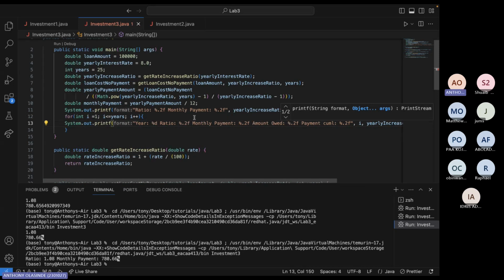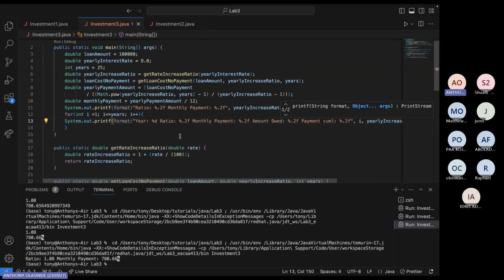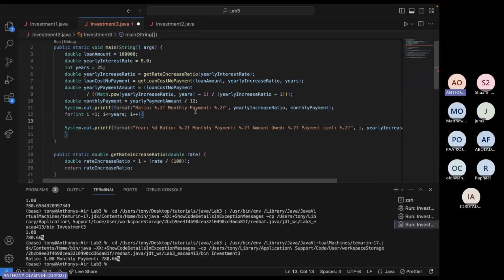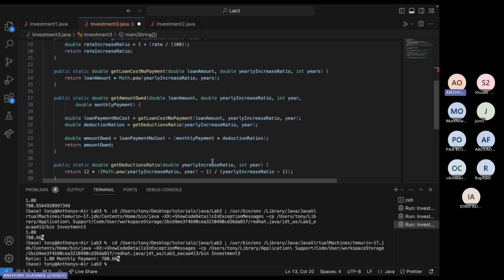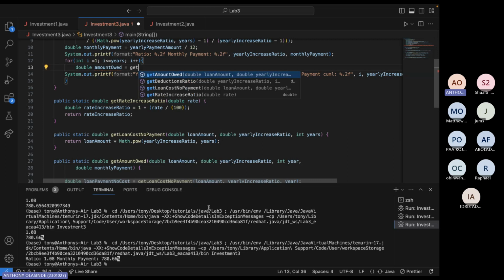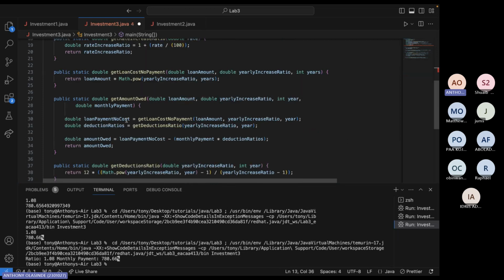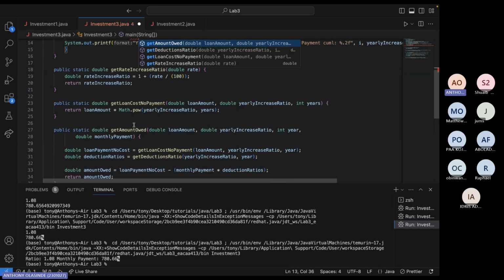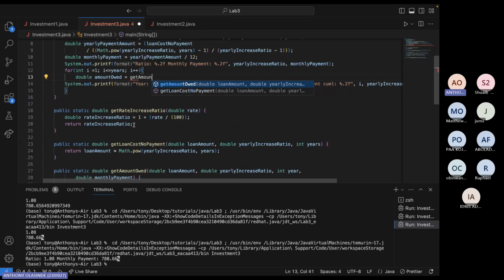Then amount owed. So this is where we calculate amount owed. So we'll say double amount owed equals, because we don't need to write it again, we've already done this, we just do getAmountOwed.